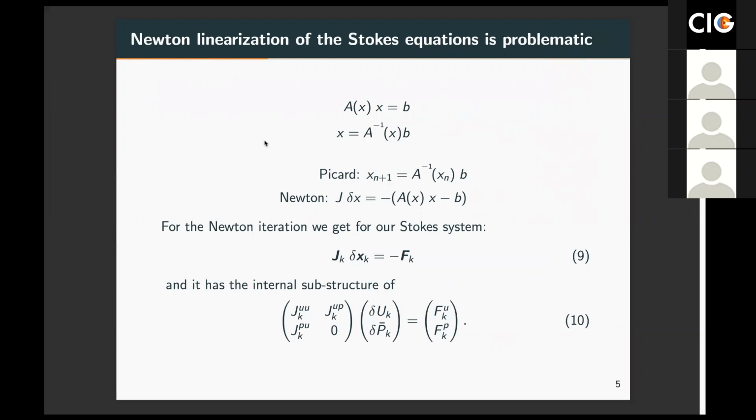One problem we actually found is that the Newton system is not guaranteed to be symmetric nor positive definite. And I won't go into details what it actually means and why this is important. But the short story is that it's really bad for your linear solvers.